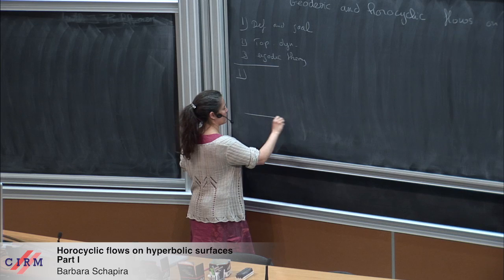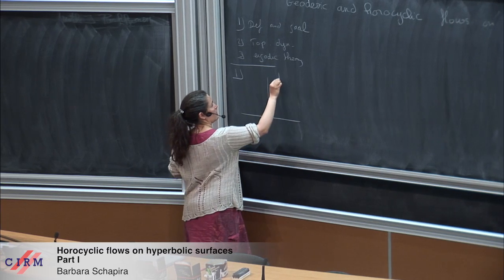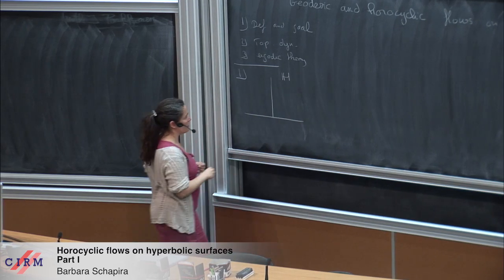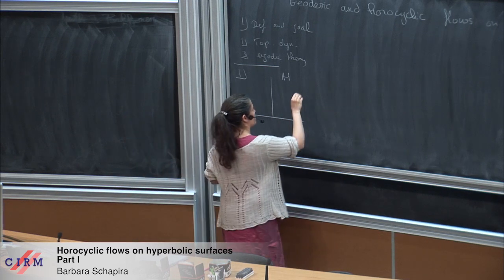So the hyperbolic half plane is the upper half plane endowed with a metric.